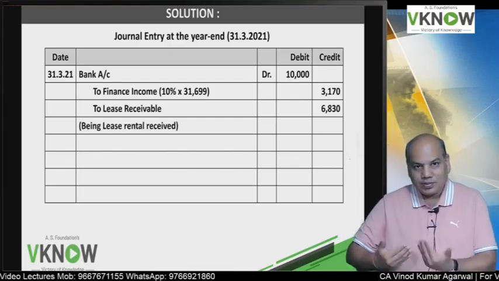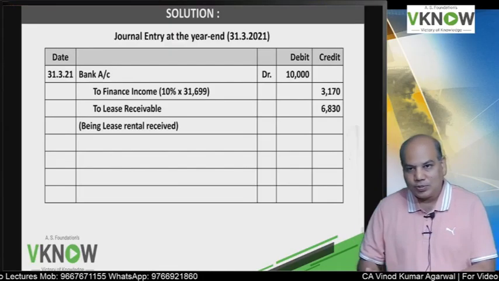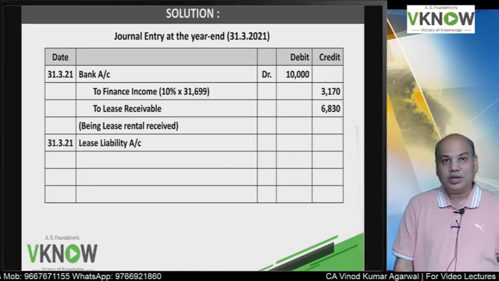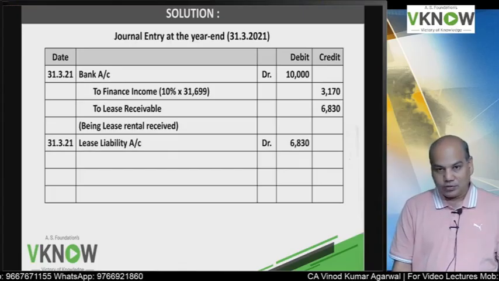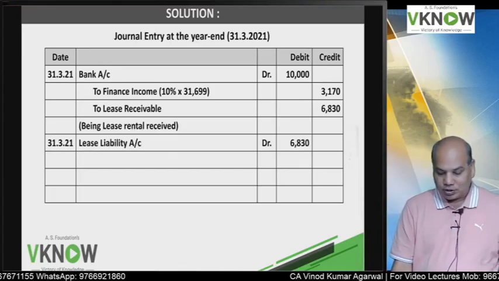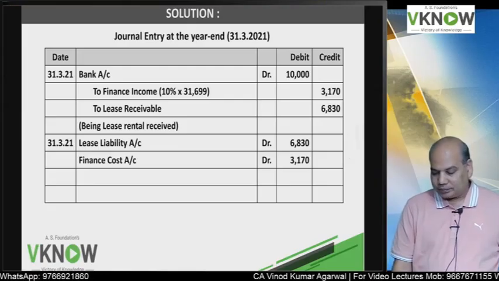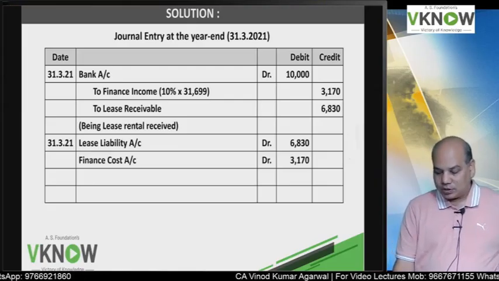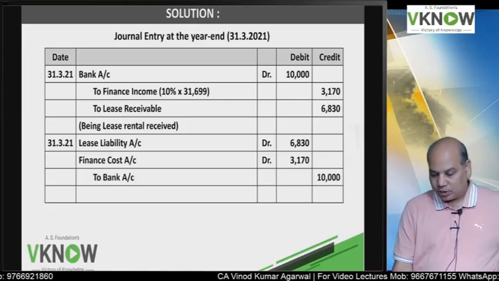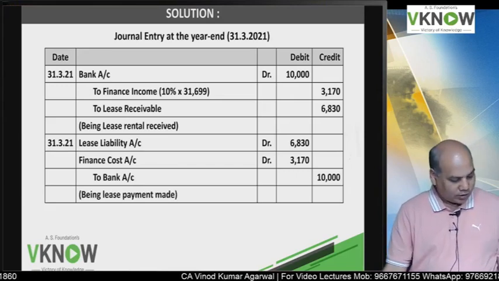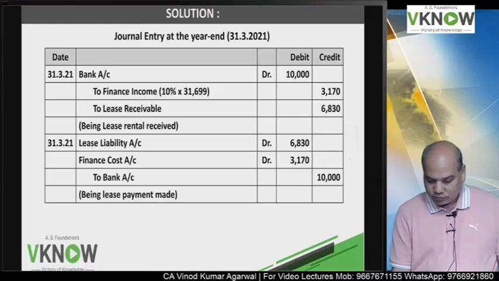And you will pass one similar entry for the lease payment under the head lease. On the same date, lease liability account debit 6830, because I am going to pass one entry only, finance cost 3170, to bank account 10,000. How has this finance cost of 3170 come?